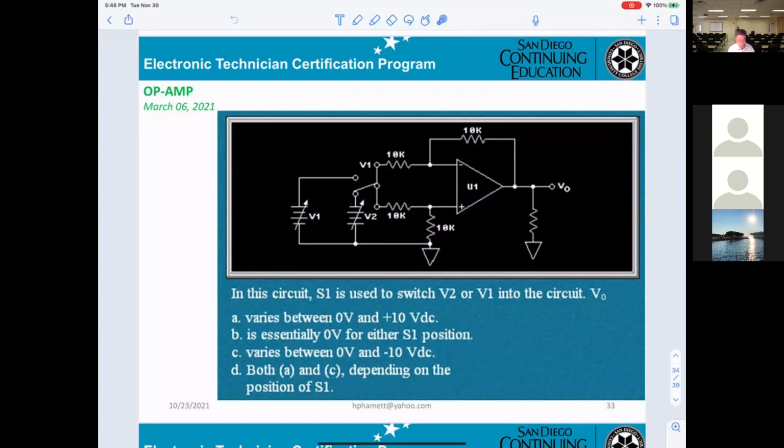D. Right now, they are on V2. What is the output?